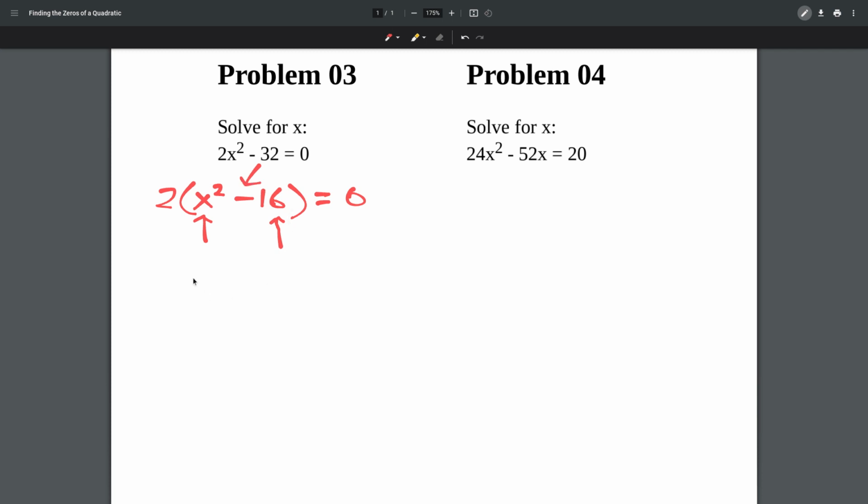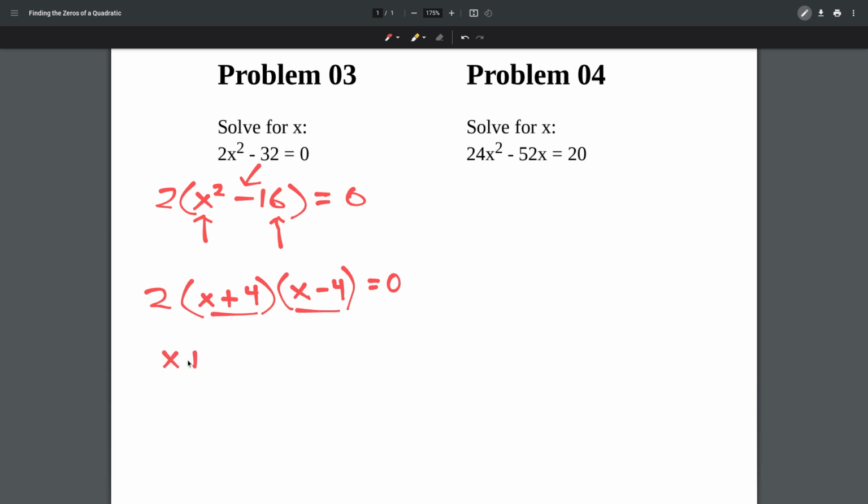I do have videos on my channel on this. So you can factor it into 2 times x plus 4 times x minus 4, and set that equal to 0. Obviously, you can't set 2 equal to 0, but you can set x plus 4 equal to 0 and x minus 4 equal to 0.